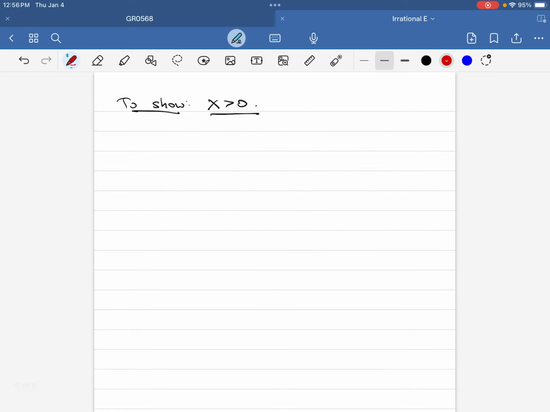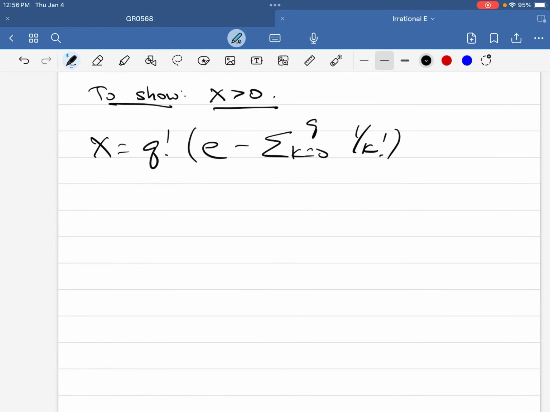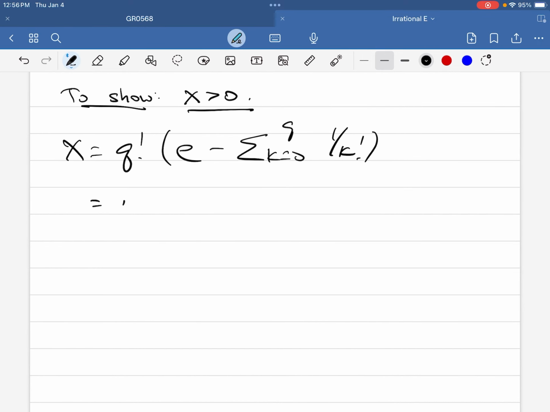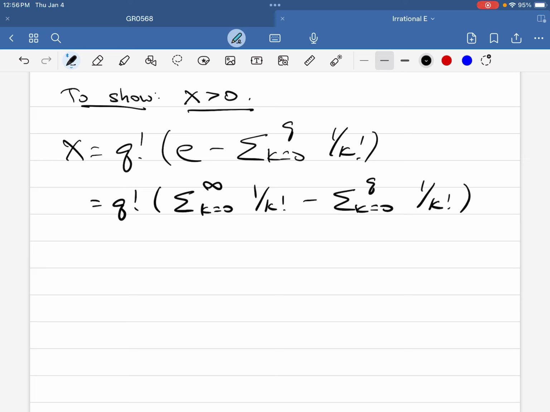Now we want to show that x is positive. Recall the definition of x. We write it again like this. Remember that e can be written as an infinite sum. And of course, we can subtract, since the sum ends are the same, we can write this as a single sum, just starting at q plus 1.